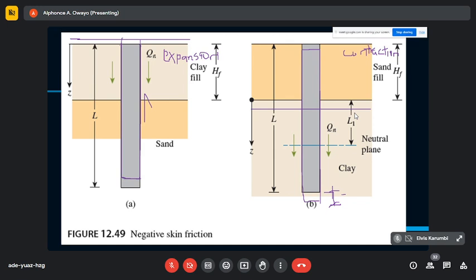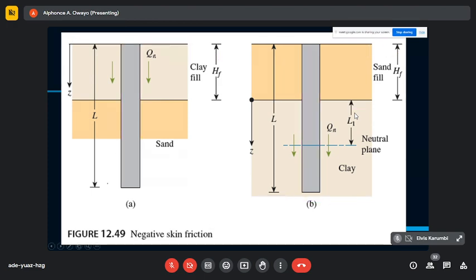That action of dragging the pile along with it and causing more settlement is negative skin friction. So that's it about negative skin friction. That's the phenomenon we don't want.